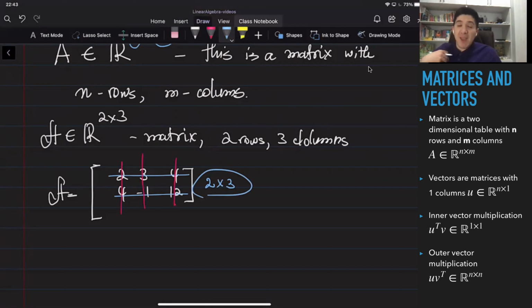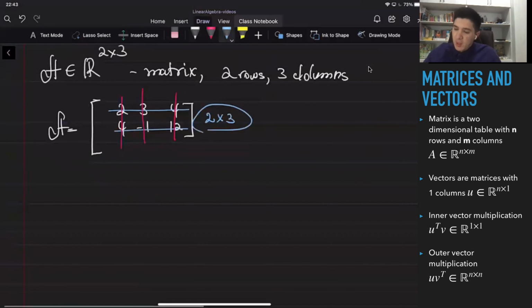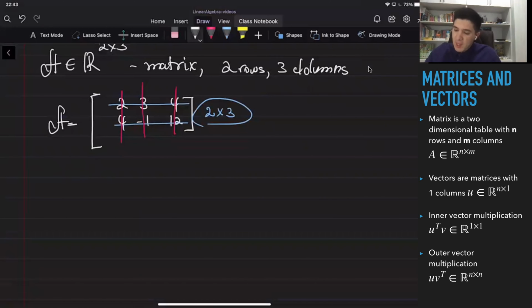Every element inside the matrix also has its own coordinate system. I'm going to write this down now. We usually denote matrices with big capital Latin letters, usually when the matrix has more than one column and more than one row at the same time.